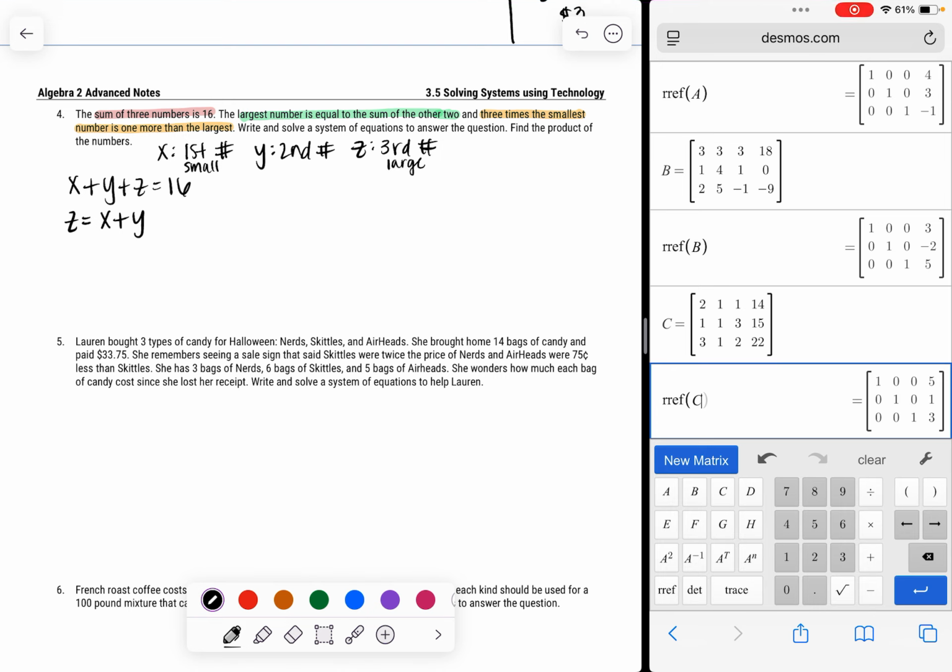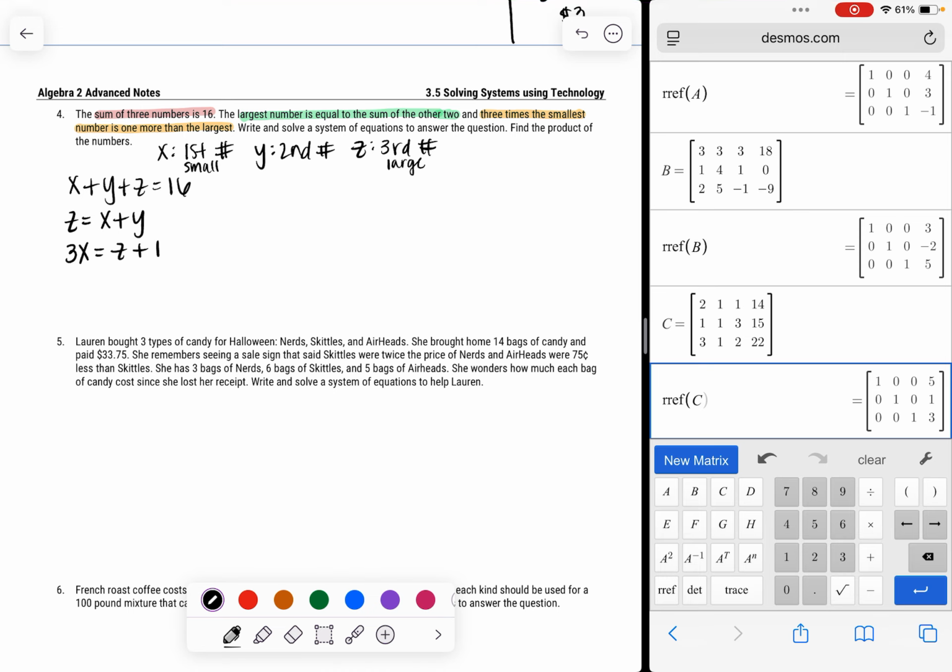So 3 times the smallest is 1 more than the largest. So that largest is Z plus 1.